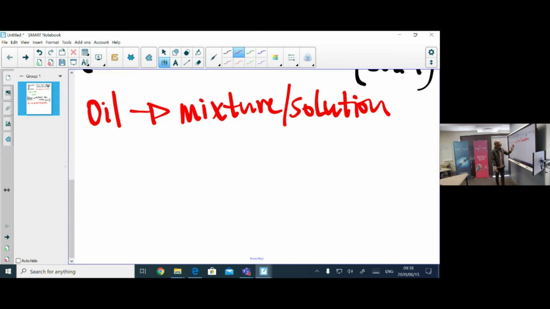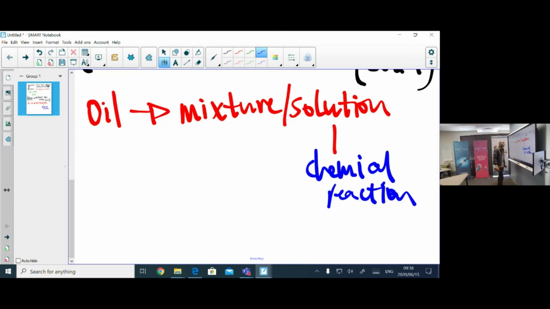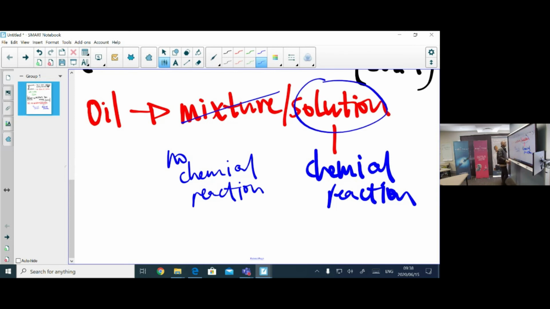Mixture or solution. We know that the difference between the two has to be that one has chemical reaction between the components. They are chemically bonded, whereas here there's no chemical reaction. So when looking at substances such as oil, we know that we have a solution or a mixture where the components have been chemically bonded together, making it a solution rather than a mixture.